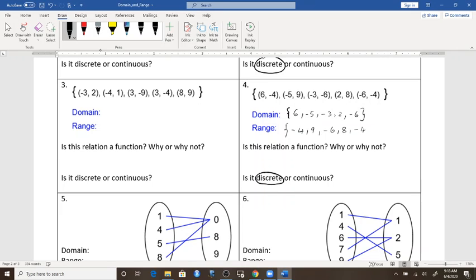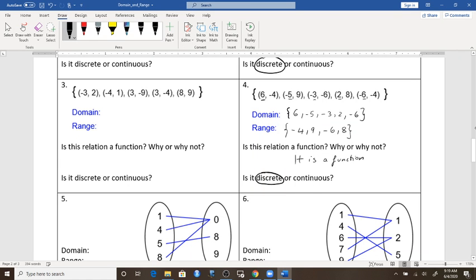Well, we have -4 twice, so we're going to write it only once. Is this a function? Well, let's see. 6 is only one input, -5 is only one, -3 only one, so each input appears only once, so yes, this is a function.